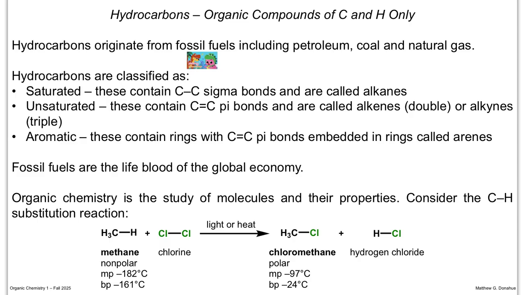And through that, we're going to start with hydrocarbons as the first functional group. The reason for that is hydrocarbons originate from fossil fuels, including petroleum, coal, and natural gas. Those are the raw materials by which everything else is made.